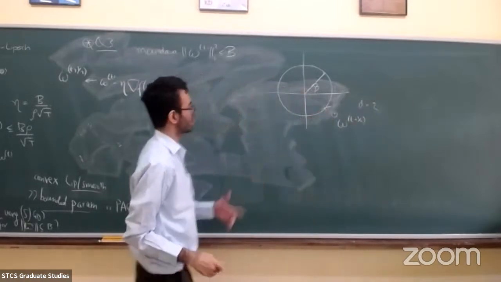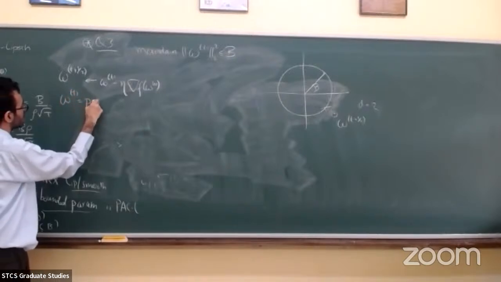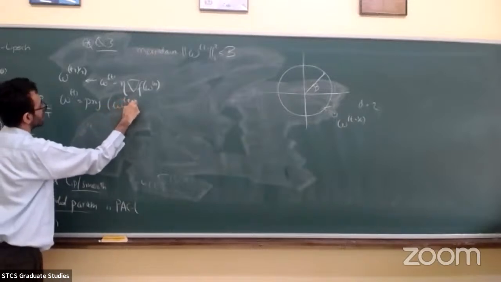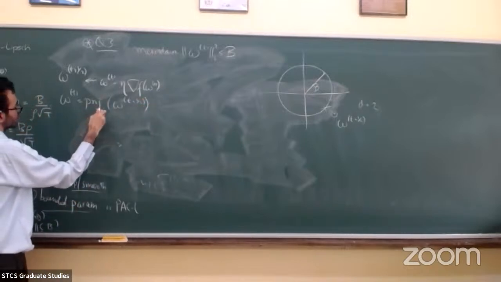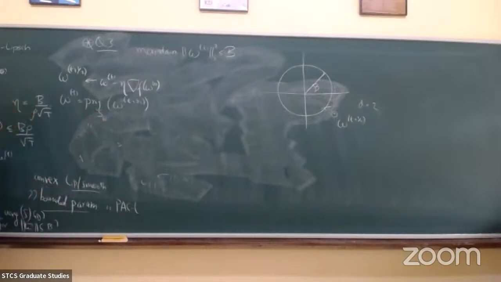Then you project, and that's W_{t+1}: the projection of W plus onto the sphere of radius B, centered at the origin. And obviously this maintains the norm constraint by definition.